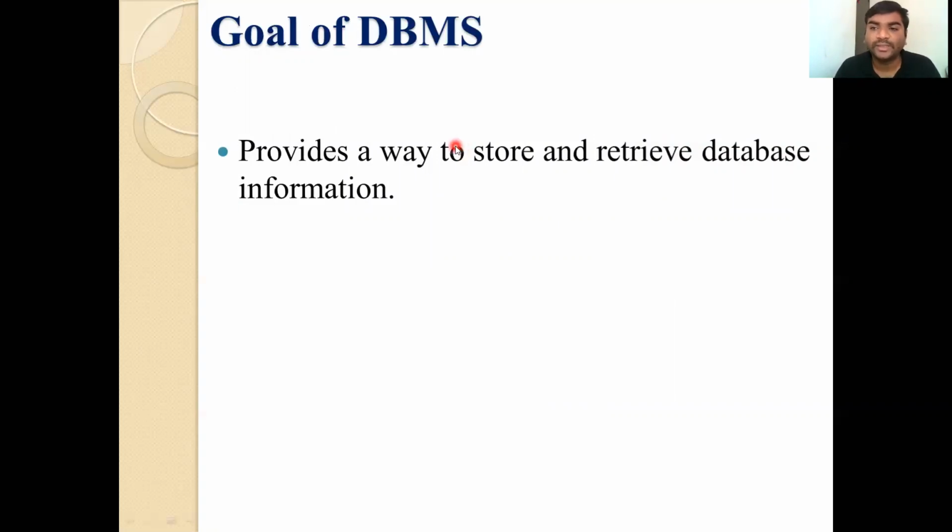Now next is the goal of DBMS. Why are you going to learn the DBMS subject? There are a lot of subjects you are going to learn, but every subject has a particular goal, and that goal you should know. So what is the goal of DBMS? DBMS provides a way to store and retrieve the database information.